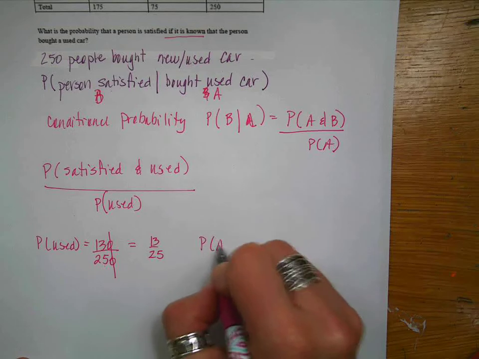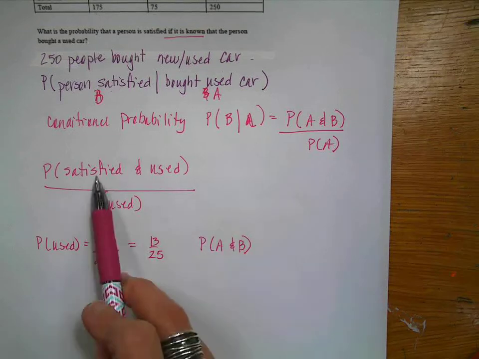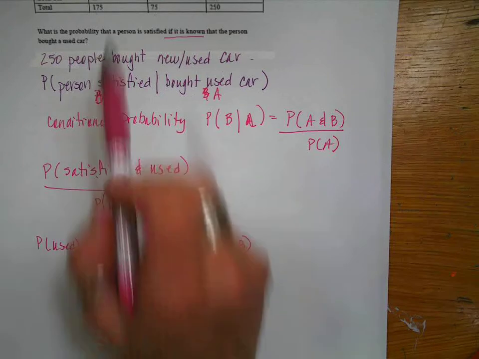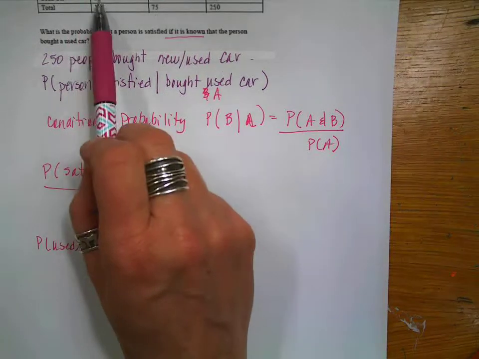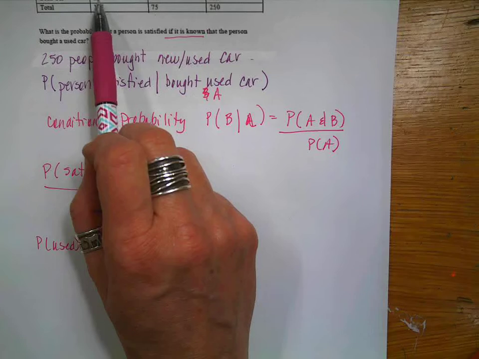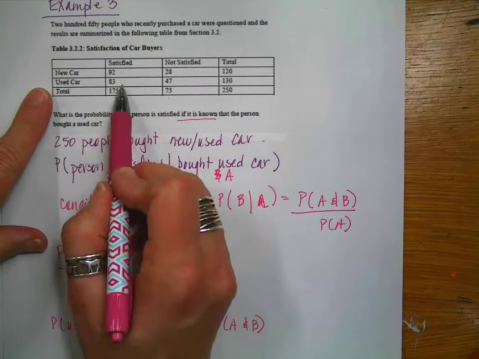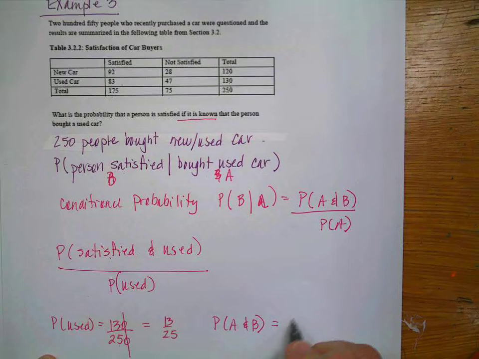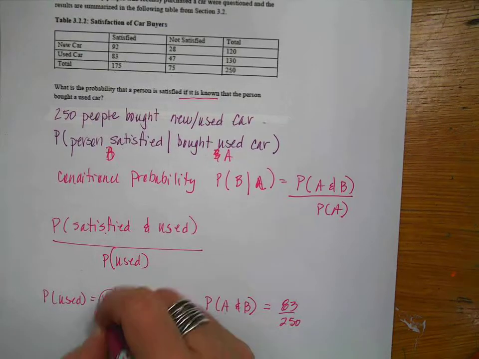Either is okay. Then if I look at the probability of A and B, which is the probability of satisfied and used, it would be right here where those two pieces intersect. Here's my used, here's my satisfied. It's going to be 83 out of 250.